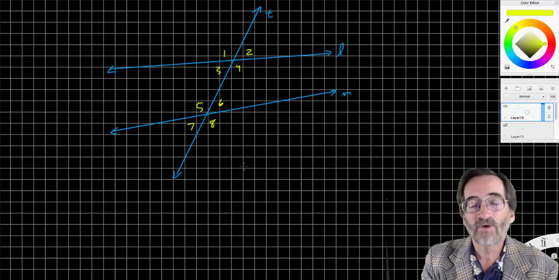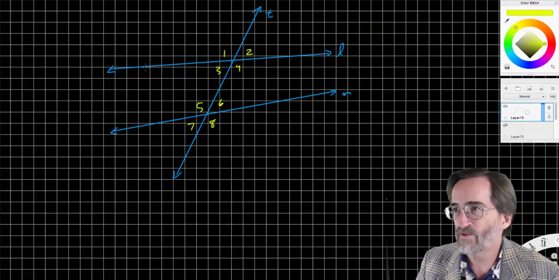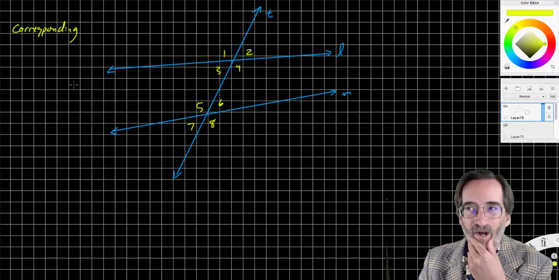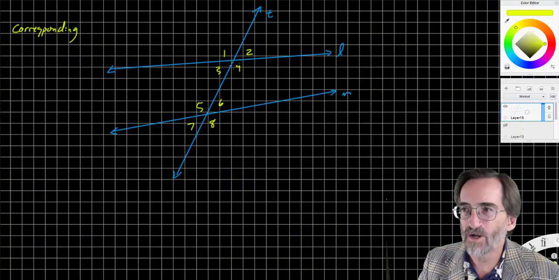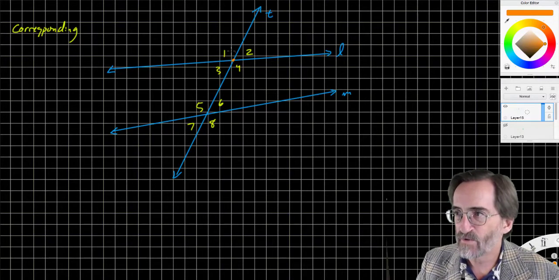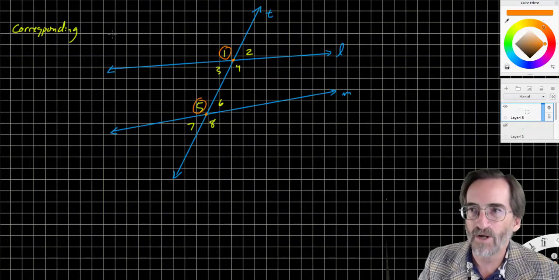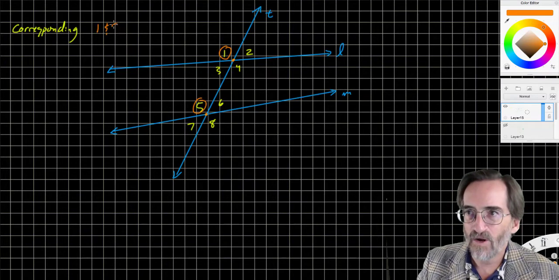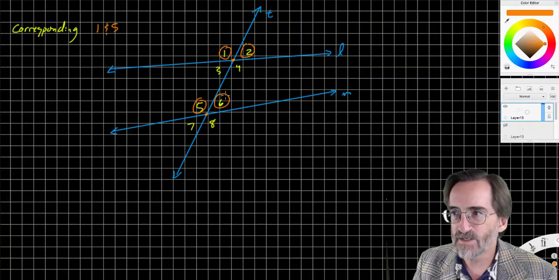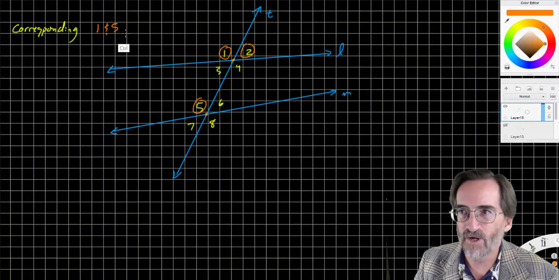And there are a number of vocabulary words that talk about the relationships between these angles. The first word is corresponding. Corresponding angles are angles that share the same orientation on both intersections. So corresponding angles on the top left of this intersection and on the top left of this intersection are 1 and 5. 1 and 5 are corresponding angles. 2 and 6 are top right, so they are corresponding.